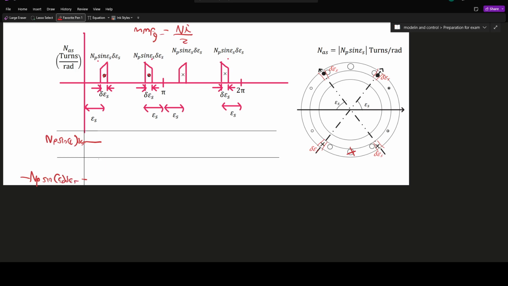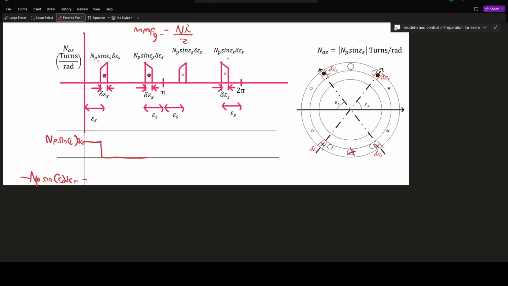Okay. So now from this point to this point, one of them is going to be positive because it's still going from cross to dot, but the other is going to be negative because it's going from dot to cross. So it's going to be 0 from here to here.